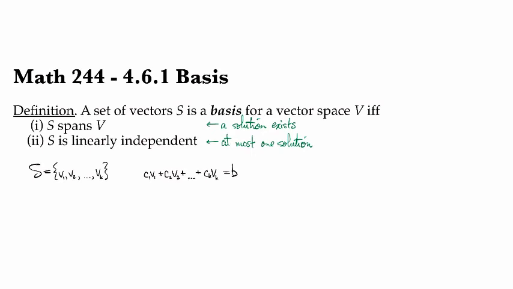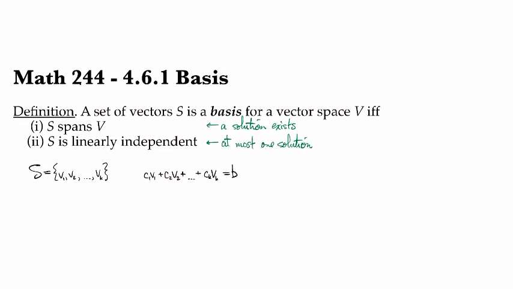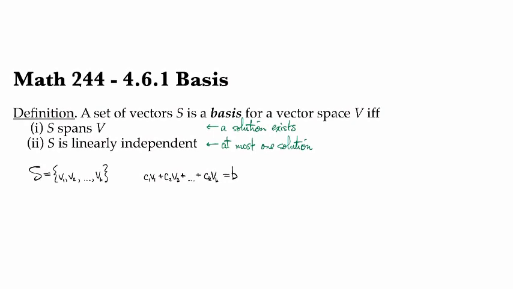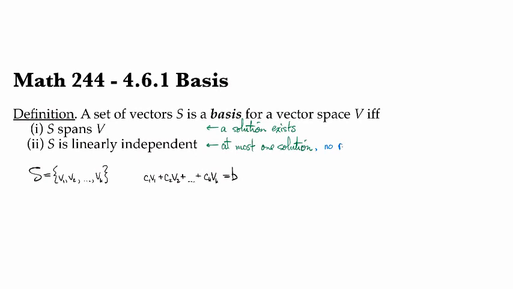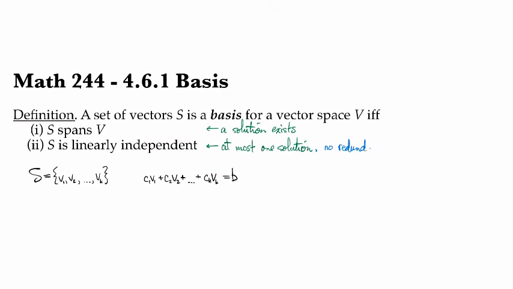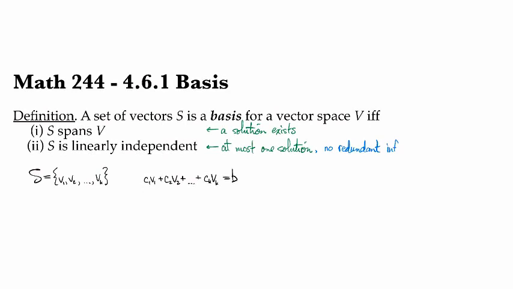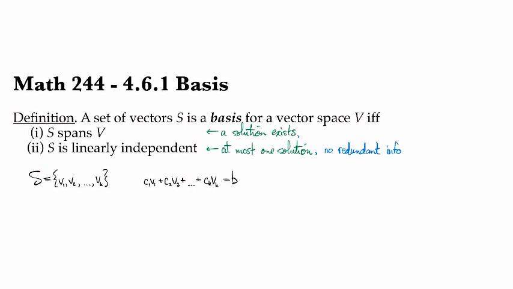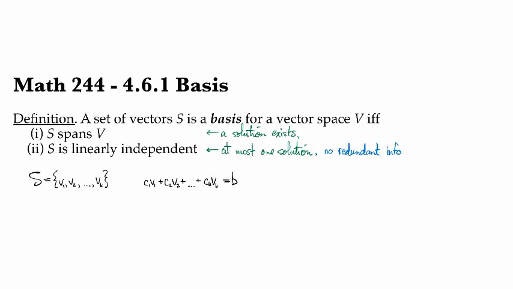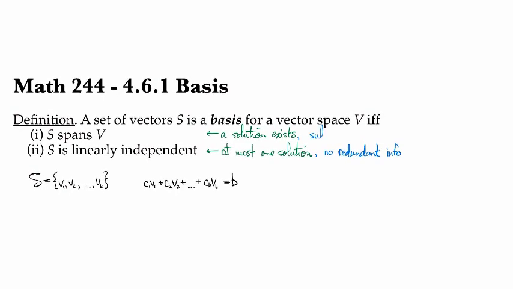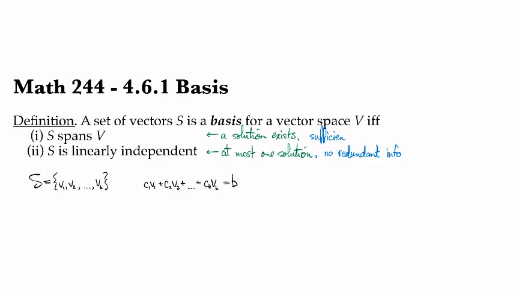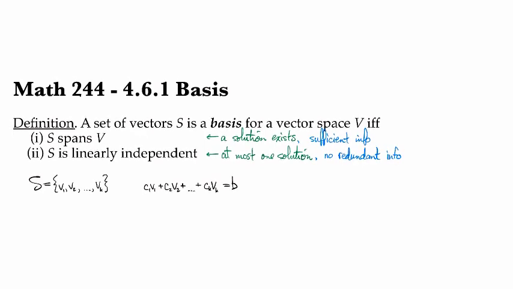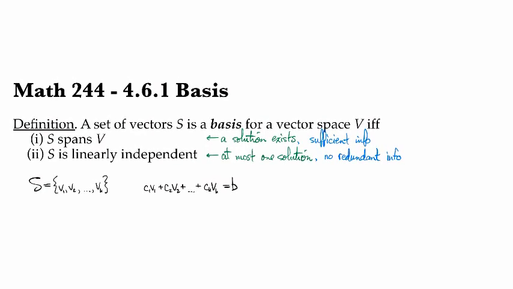If you remember, linear independence is about how there is no redundant information in S. It's somehow minimal. At the same time, spanning set means that there's a sufficient amount of information in the set S that we're able to represent anything in terms of it.